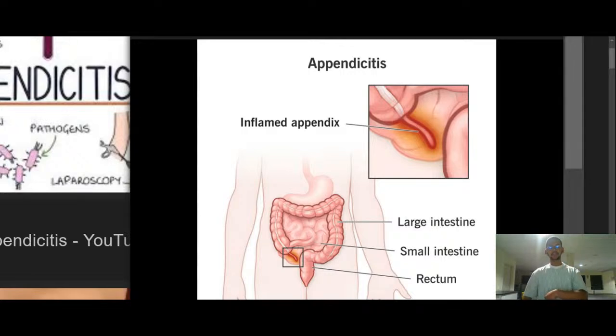Now, McBurney's point tenderness is about two-thirds of the way from the umbilicus. Okay, we spoke about all those clinical signs. You would want to do a FBC, and it would show an increase in the white cell count because of this inflammation. CRP would also be high because of this inflammation.